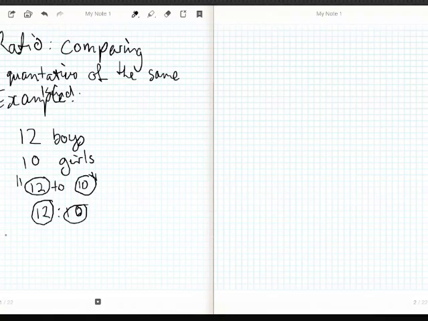Now, the next step in mathematics is to see if we can simplify the ratio.